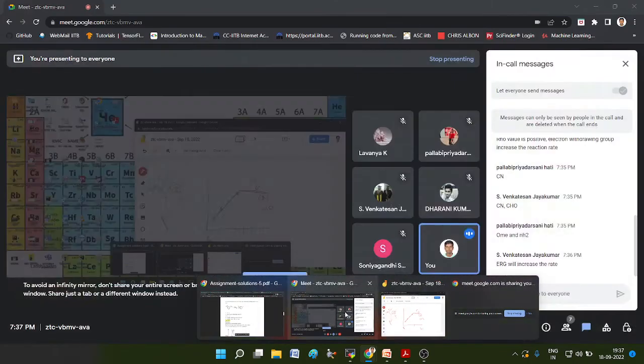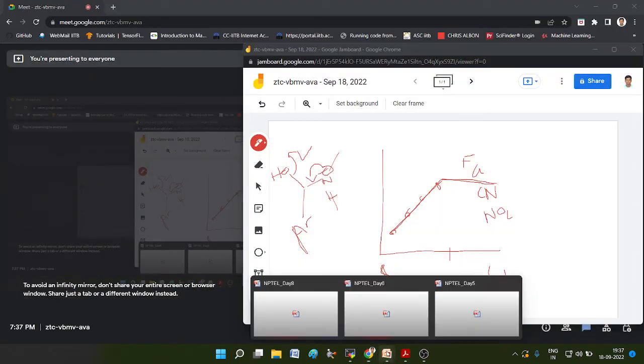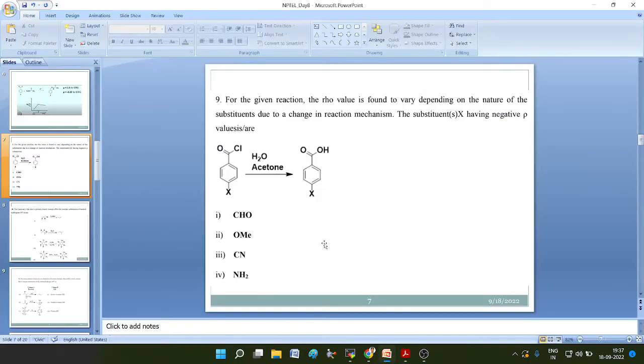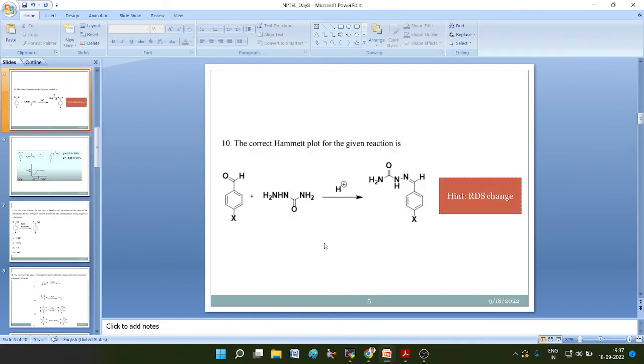When there is an NH2 or methoxy group, the attack is difficult. That's why it was the rate determining step. NH2 will push electron density, and then the carbon center will have much higher electron density, so attack is less favored.